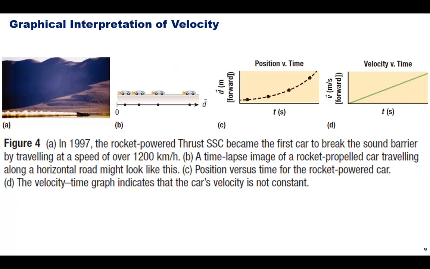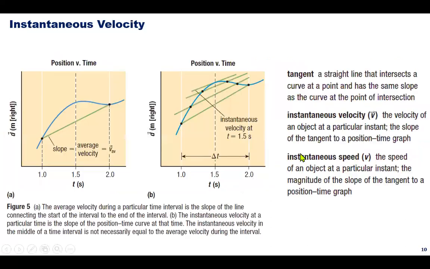Okay, so next, let's have a look at a concept called instantaneous velocity. Also, we have talked about this concept in the calculus and vectors class, right? So have a look at these two figures, figure 5a and b. This is a position time graph for an object moving a certain displacement over a short time period, right?